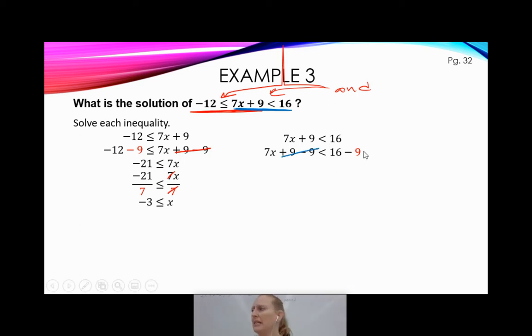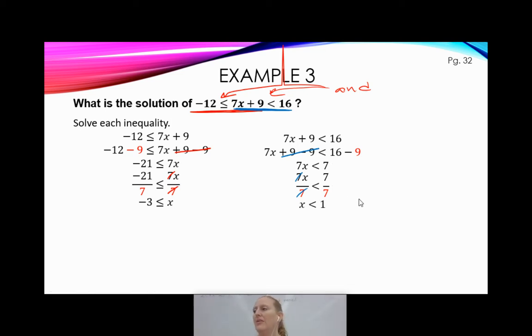And 16 minus 9 does give me 7. I'll divide both sides by 7. Since I'm dividing by a positive, there is no need to flip the inequality. We'll just leave it. And of course, these cancel out, which means 7 divided by 7 is 1. So x is less than 1.